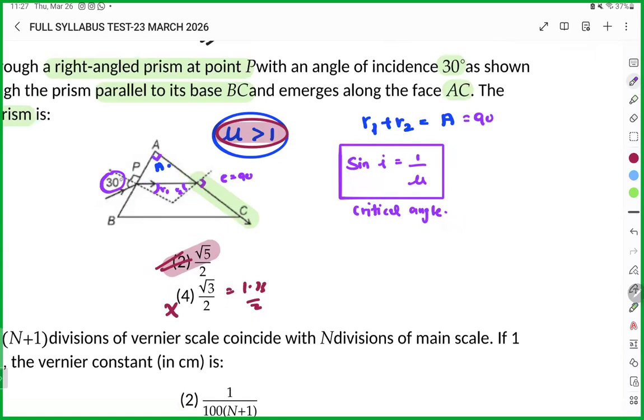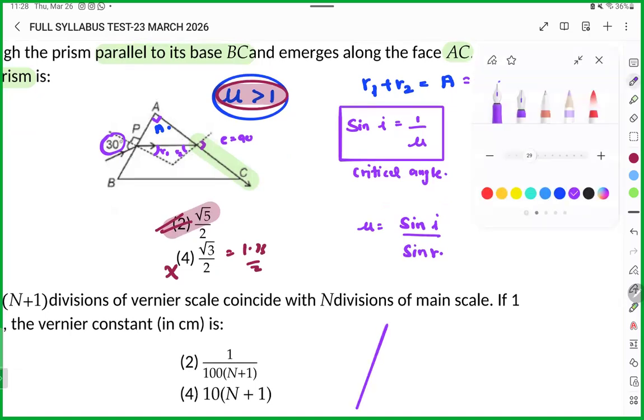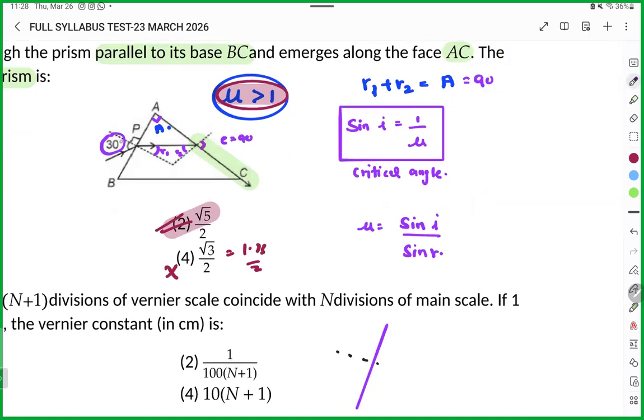So, in this case, if you apply Snell's law on the incident surface, what will be Snell's law value? Snell's law, you know, nu is equal to sine I by sine R. Correct? First surface means this. This is the surface, and here this is the normal.